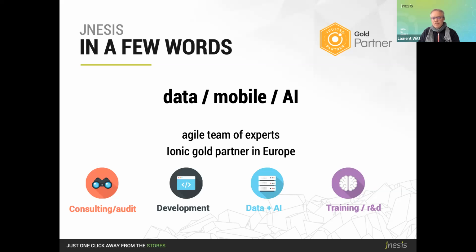Genesis also has a strong background in data integration and AI. We provide some related training offers and off-the-shelf R&D. Our customers are located in very different places around the globe, of course here in Europe, but also in the US, in Australia, and so on.